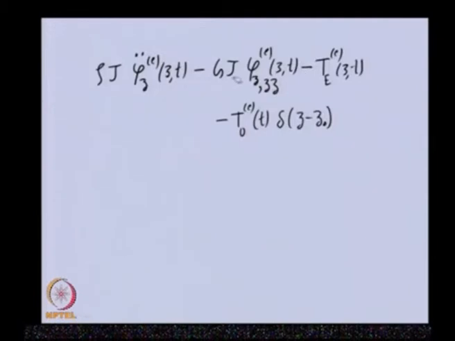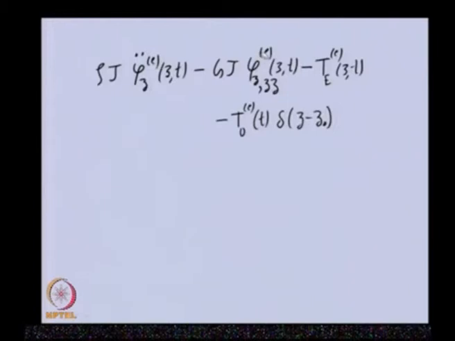This equation of motion which we wrote earlier has only one difference: instead of only phi, I am writing the superscript e. That means we have written this for the element, because this governing equation is valid for each and every point on the system, so it is valid for this element also.